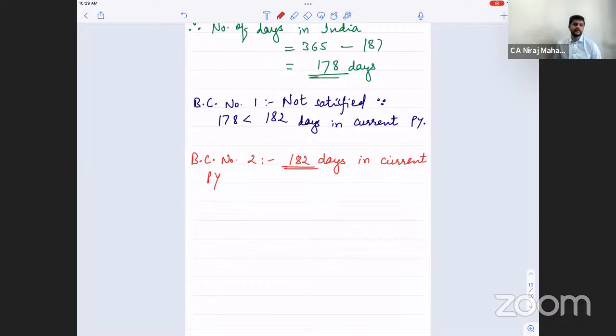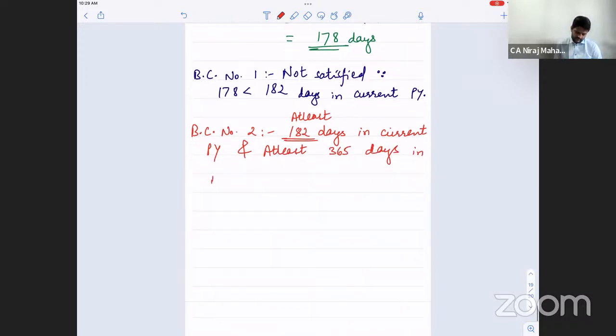Not 60, at least 60 days here also it was at least, and at least 365 days in preceding 4 PYs. Look at the spelling, don't make spelling mistakes.